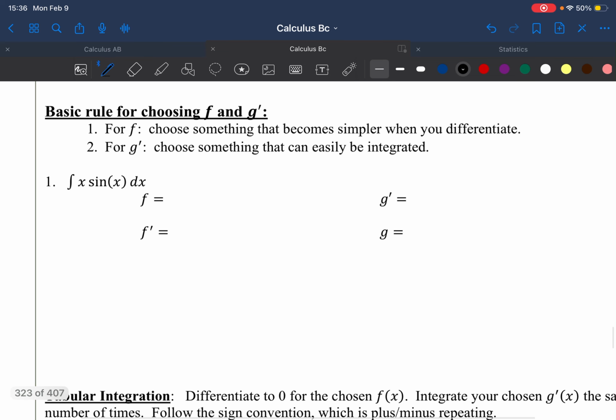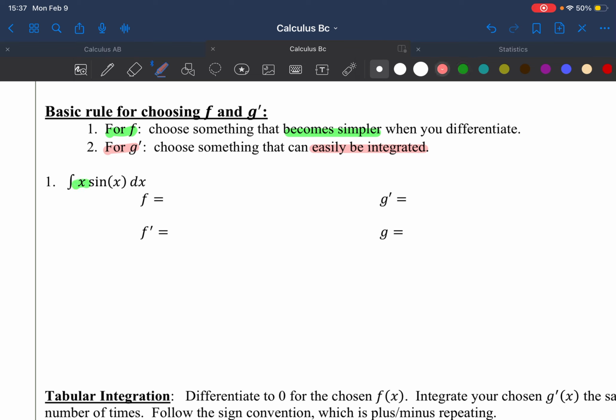Okay, basic rule for choosing f and g prime. So for f, choose something that becomes simpler when you take the derivative. And for g prime, choose something that can be easily integrated. So if we look at our example here, our f, which is something that would become simpler after we take the derivative, would be x.